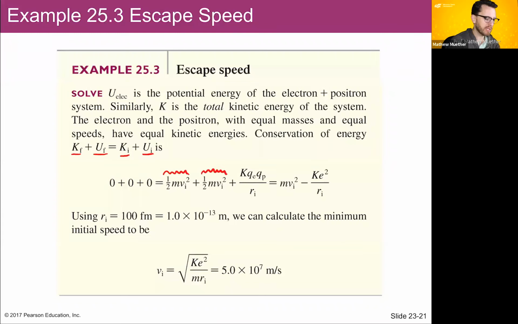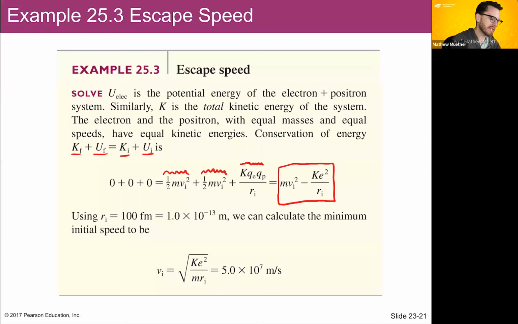So I have to make sure I account for the kinetic energy of both initial particles, and they're both moving with the v_i. And then I use the potential energy term to express this. They each have a fundamental charge. One of them's positive and one of them's negative. So I end up with an expression that looks something like this for the initial energy expression.